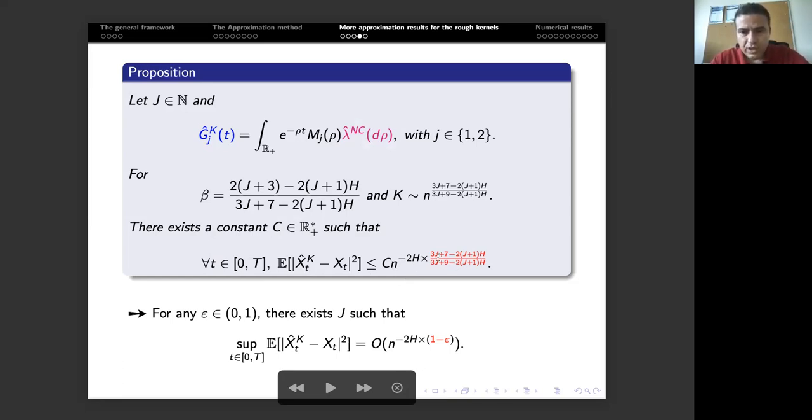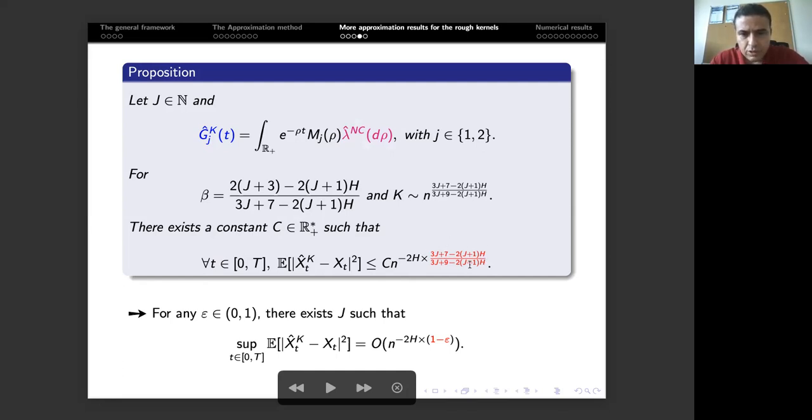So we get the minus 2H, as in the previous cases, but the 2/3 and the 5/6 we obtained respectively with the Riemann and the Simpson rule are now improved by this constant.